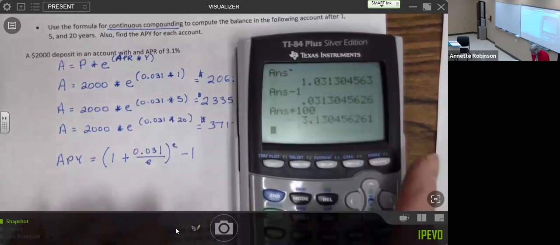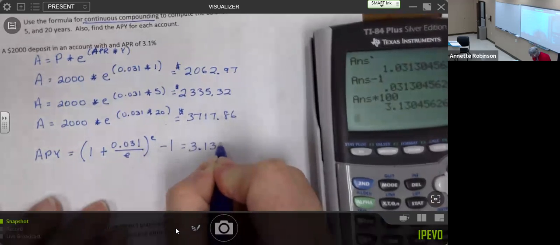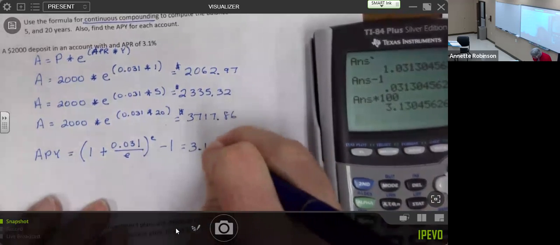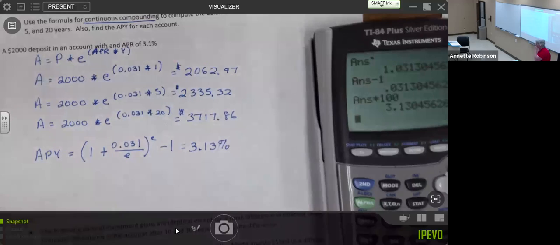I should have done it with the day class. All right, so I'm getting 3.13. So at a 3.1%, you've got 3.13%. You got a little bit of difference there by them doing it continuously because of the rounding.